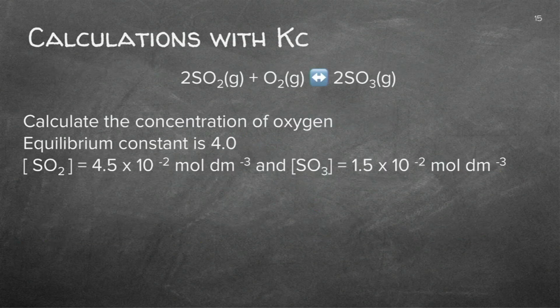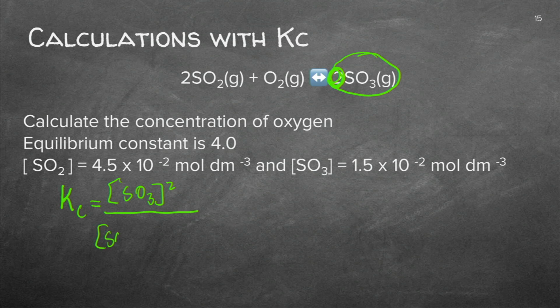Now let's firstly complete your equation. Kc is, and remember at the top, the product, SO3, and remember the moles will be the power over SO2, do you see 2 of that, times O2. What did they want us to calculate?